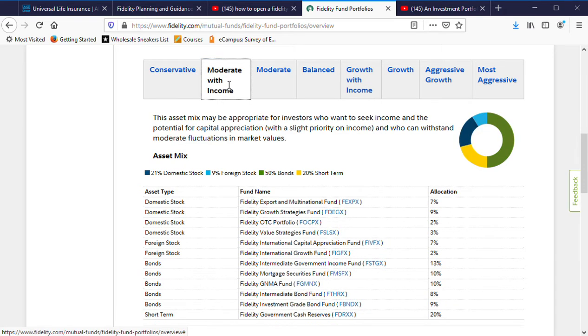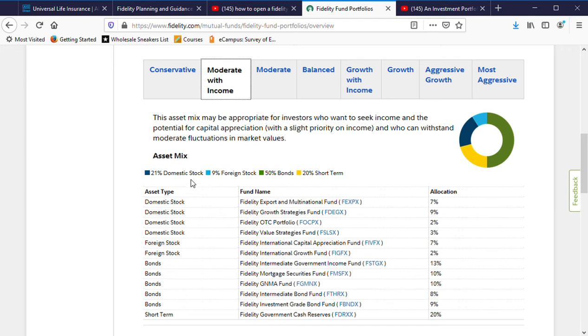Moderate with income. This is the person who says, okay, I see what you're doing. Let me watch you first, and if you do good, then I'll come out there and join the crowd. But I'm going to watch first, okay? So this is the person that's okay with risk, but I want to be safe, and I want to see what everybody else is doing.